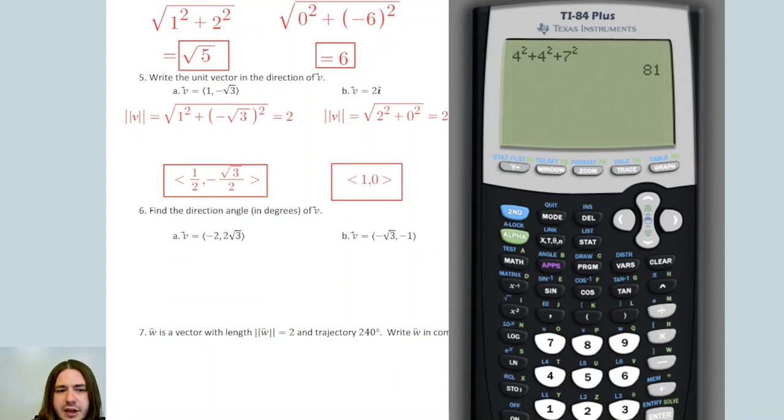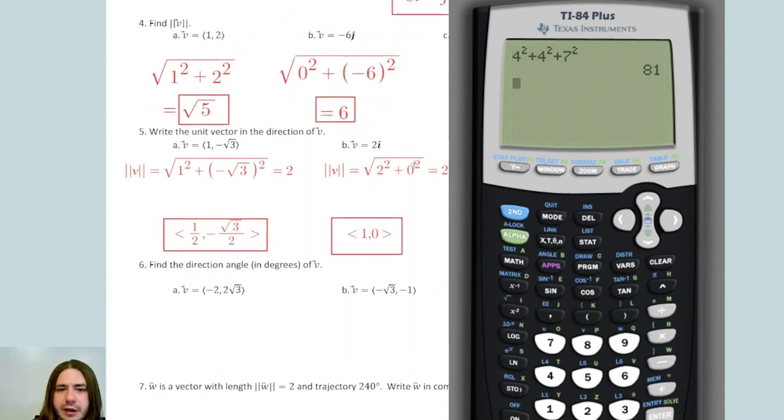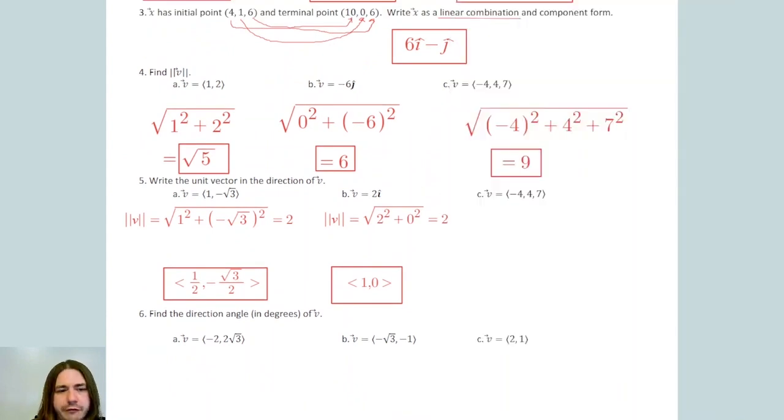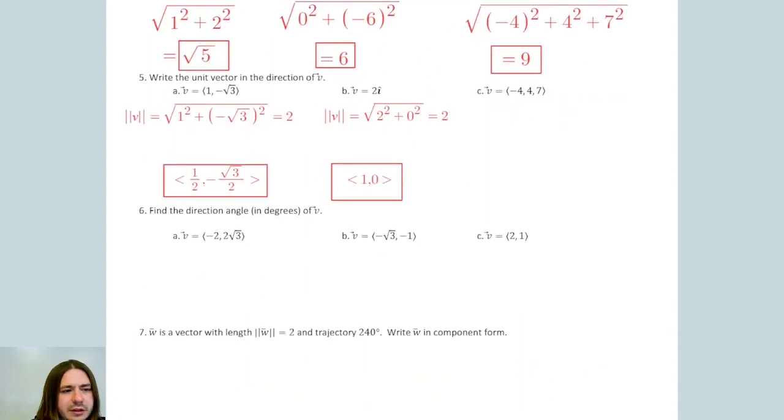So for C, we do the exact same thing with the 3-dimensional vector. Just make sure you know how to calculate the magnitude like we did with the 3-dimensional vector on 4C. You just basically use an extended Pythagorean theorem.